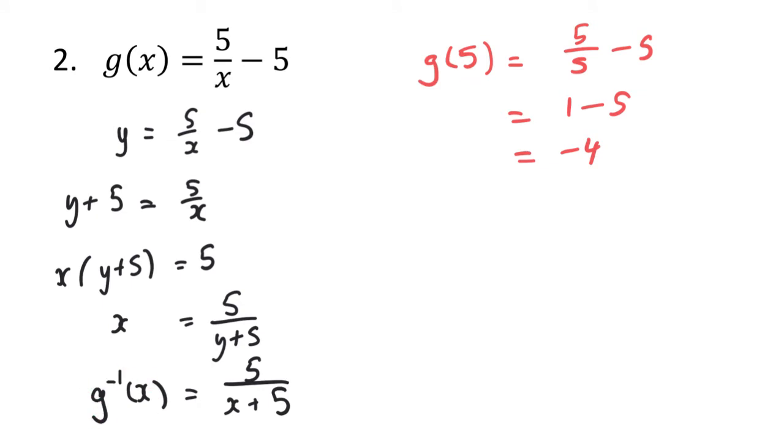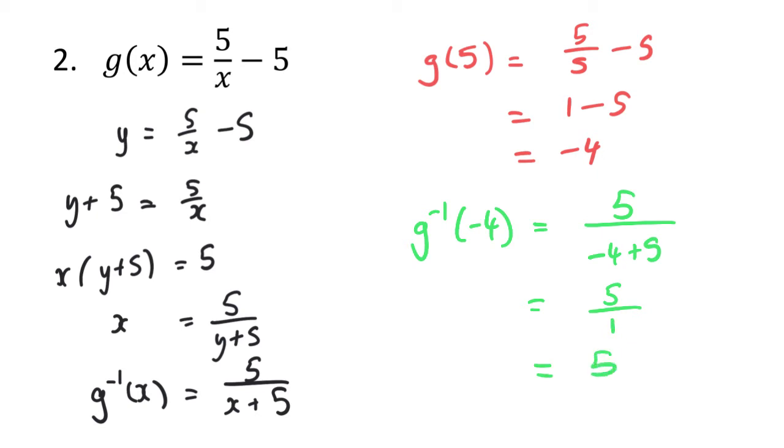So let's check that out. So g to the minus 1 of minus 4 is going to be 5 over minus 4 plus 5, which is 5 over 1, which is 5. So what we've got is 5 goes to minus 4 via g and comes back via the inverse.